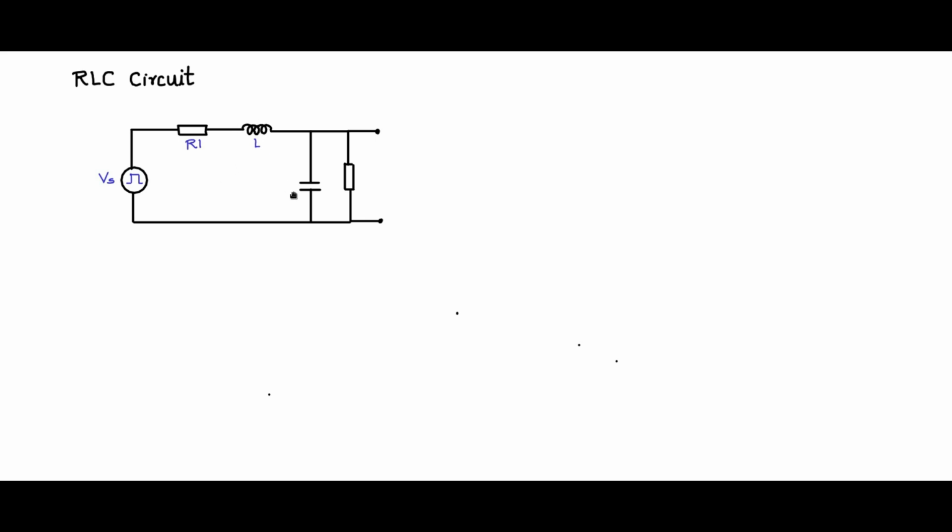This is L. This we give a symbol C. And this we will call R2. And the voltage across R2 or voltage across C are the same, and this will be Vc. Now these are the variables that we have fixed for the circuit, and now let us write down the equations that represent this circuit.